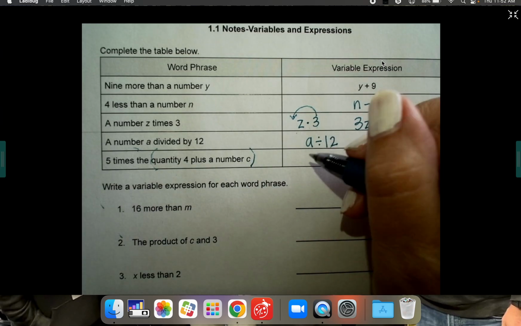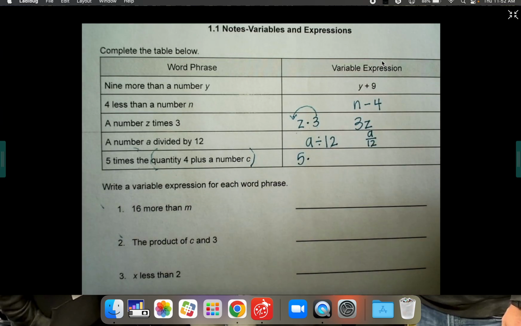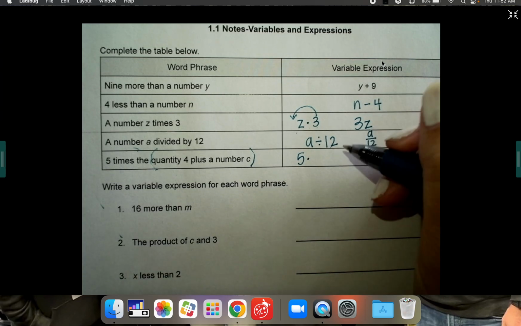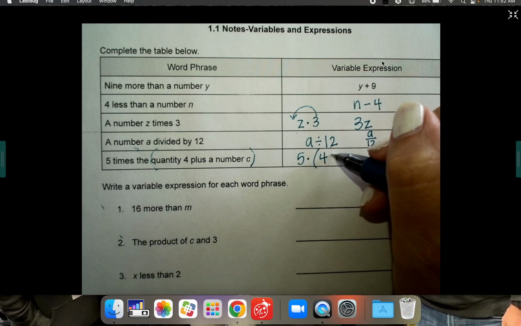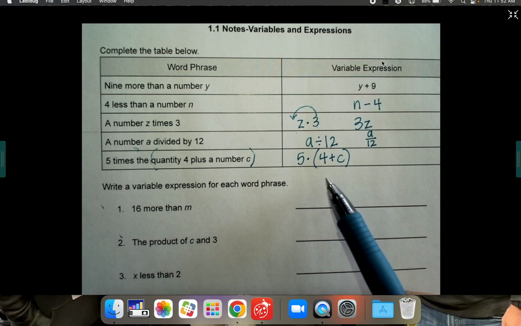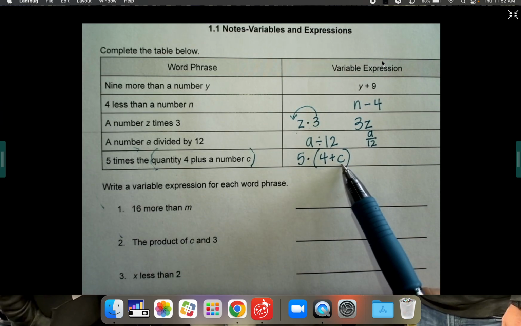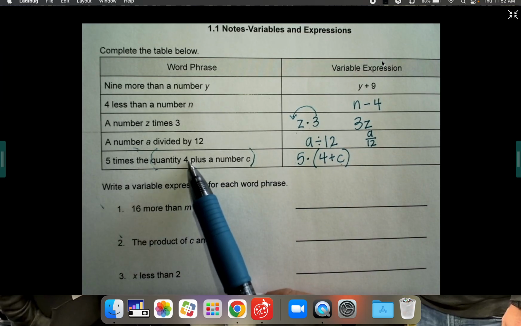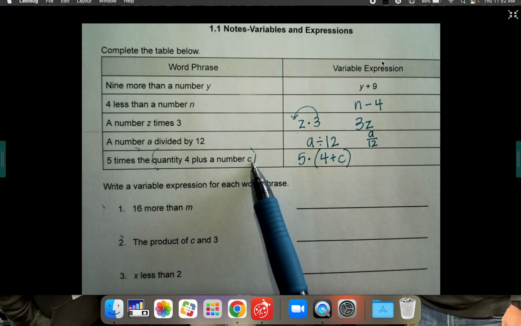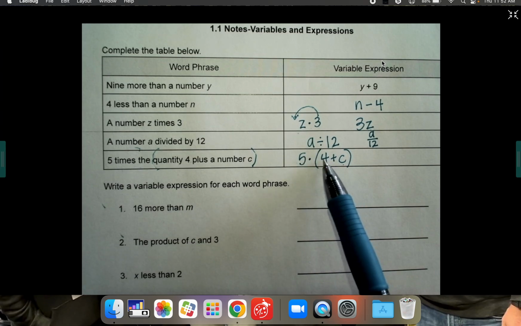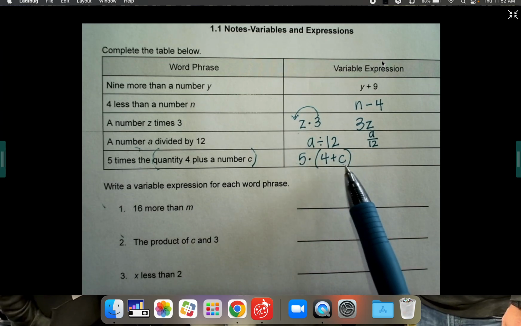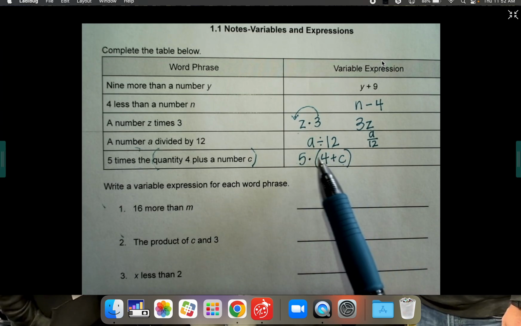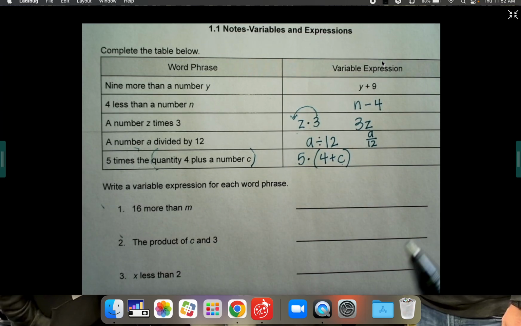So it's going to look like this. 5 times, if you want to use a dot for times, the whole thing of 4 plus c. It's not just 5 times 4, and it's not just 5 times c, it's 5 times the entire quantity of 4 plus a number c. So 5 gets multiplied by all the parts in the quantity on the inside of this. So it would be distributed if you remember the distribution property.